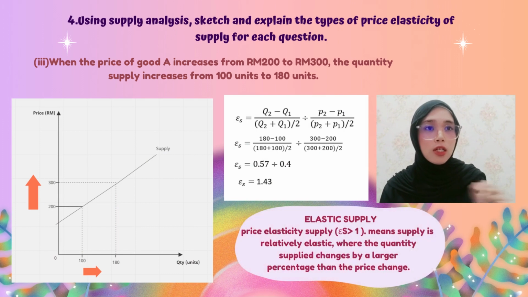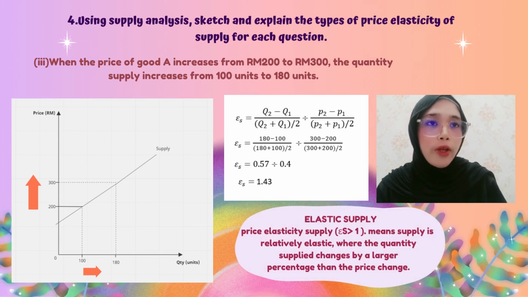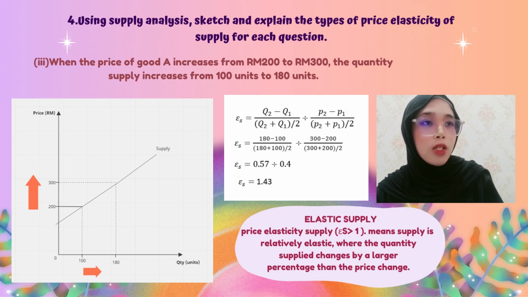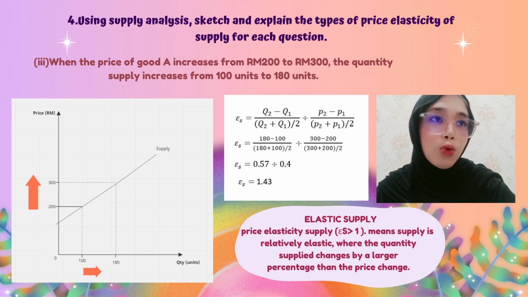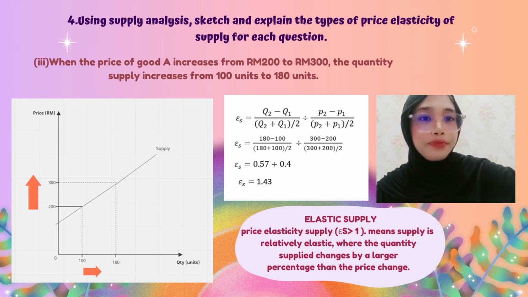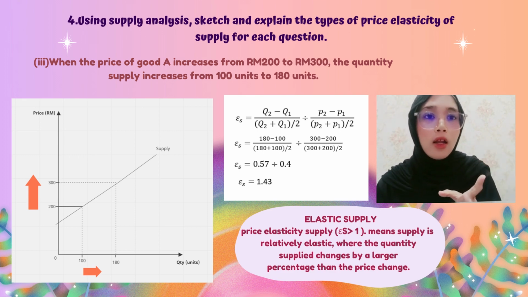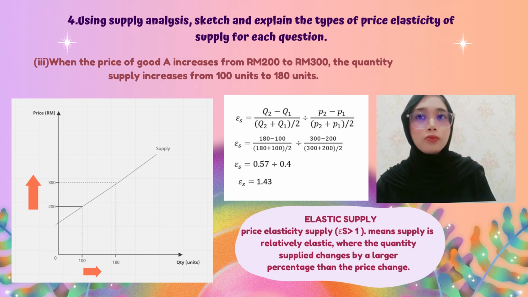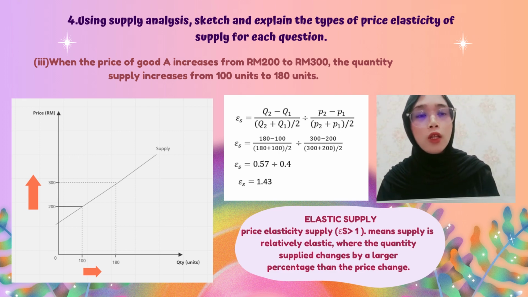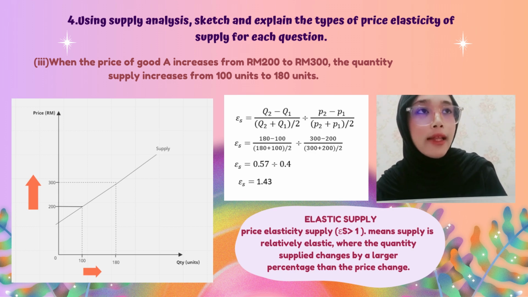So for the last question, 3 Roman, when the price of good A increases from 200 ringgit to 300 ringgit, the quantity supplied increases from 100 units to 180 units. So we also need to calculate using the same formula. From the formula, we need Q1, which is 100 units, and Q2, 180 units. Then for the price, we apply P1, which is 200 ringgit, and P2, which is 300 ringgit.